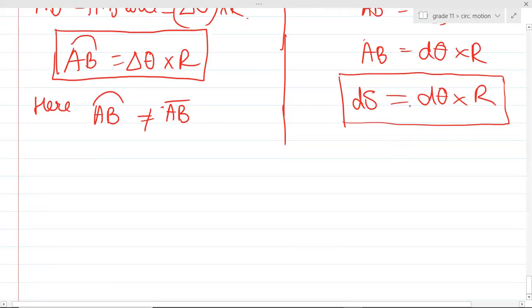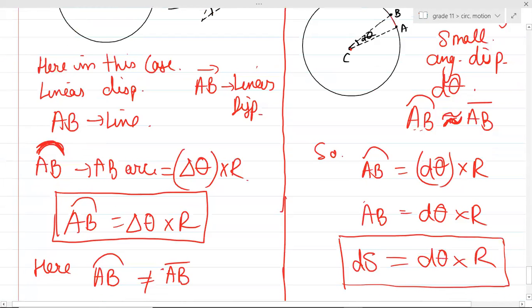So ds is equal to d theta cross r. This is the first relation. Now the second relation. Are you done writing, guys? Till here?